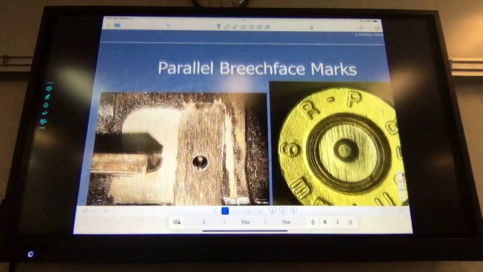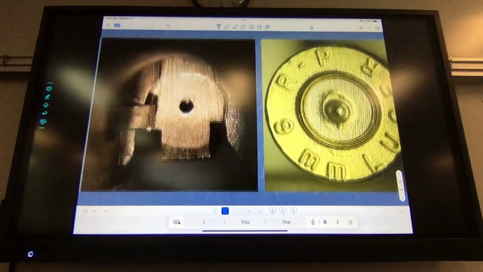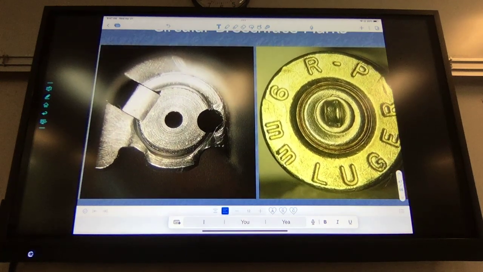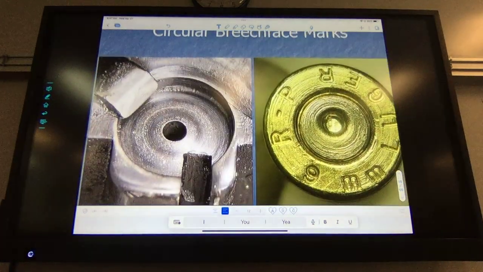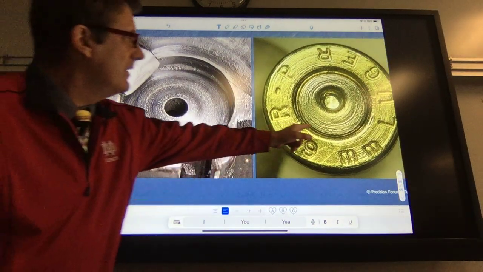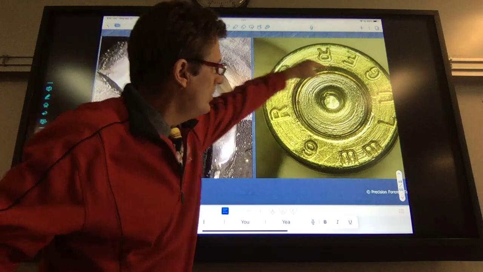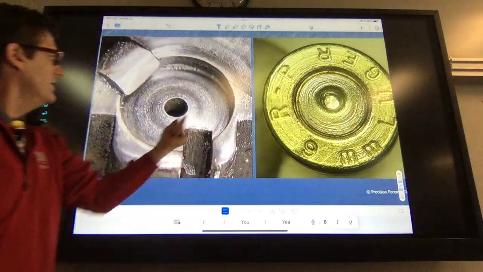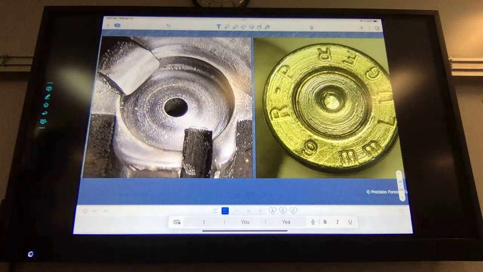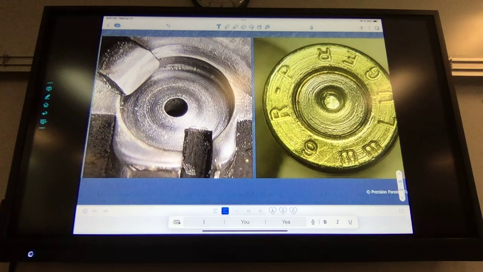You can have parallel or you can have circular breech face marks. So there's a better example right here. You'll see that it will have parallel lines or it'll have circular lines, and so this breech face has a circular pattern, and it helps to match up the weapon with the recovered cartridge.